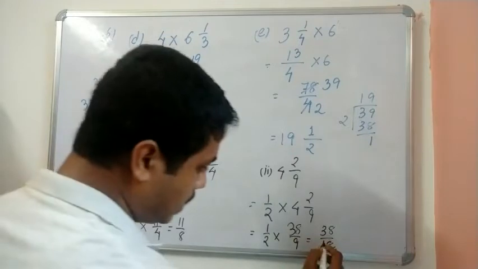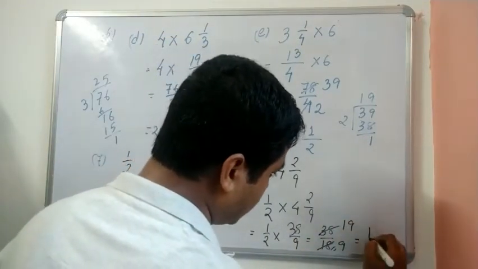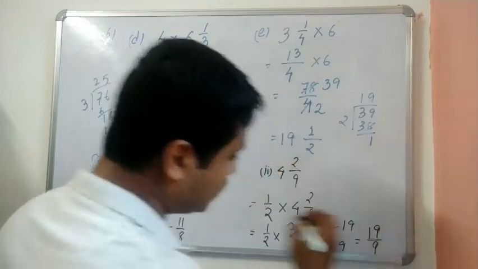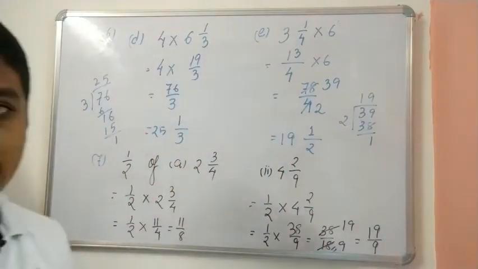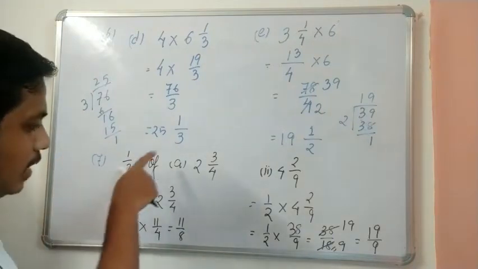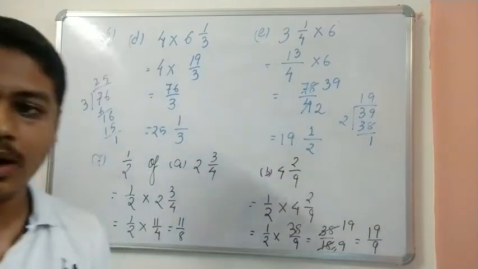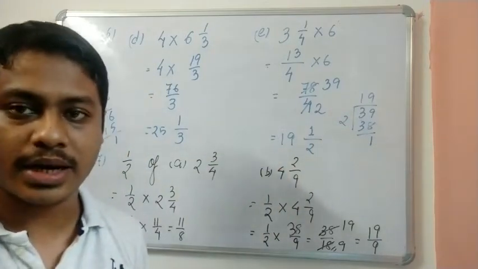I can simplify: 2 19s are 38, 2 9s are 18, so it will be 19 by 9. This is your answer for the second part. So 7A and B are done.